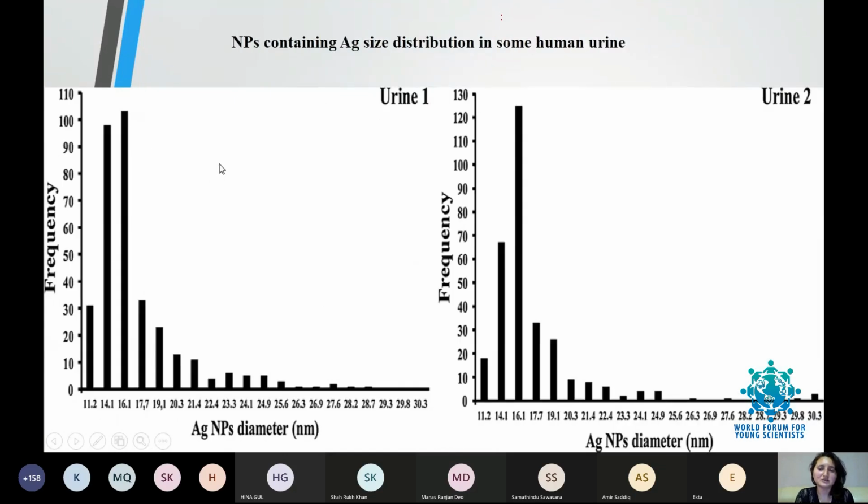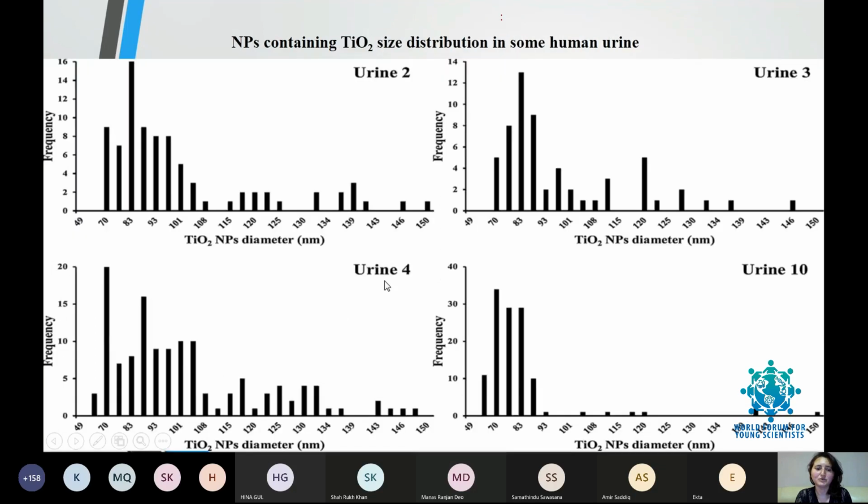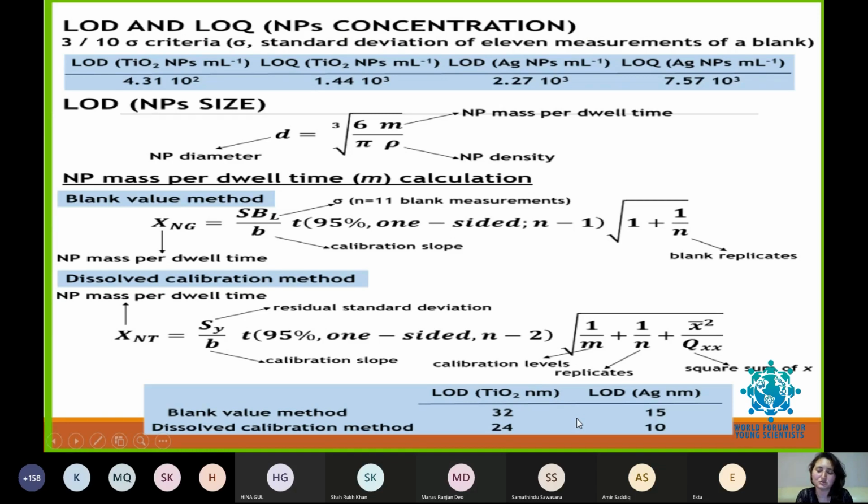This is nanoparticles which contain silver size distribution in some human urine. There are nanoparticles which contain titanium dioxide size distribution in some human urine. For example, for the urine sample 2, 3, 4, and for the urine sample 10, because we took 12 volunteers for the urine sample.